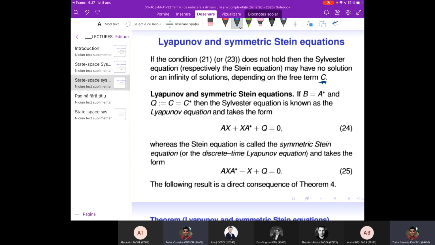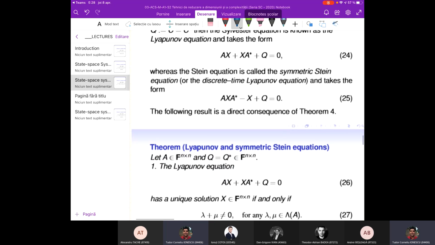So, the Lyapunov and the symmetric Stein equation. If B is the Hermitian of A and Q, defined as C, is also Hermitian, then the Sylvester equation becomes the Lyapunov equation and takes this form: A X plus X A Hermitian plus Q equal to 0.